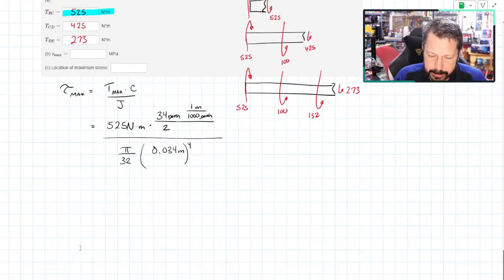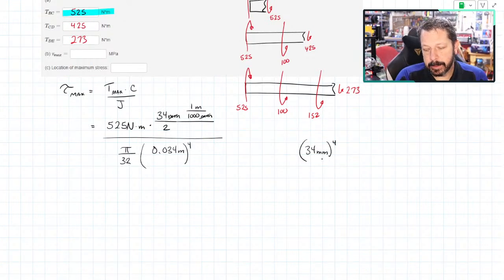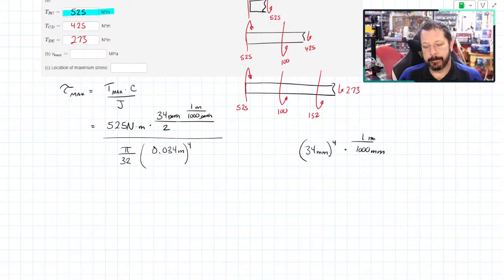So let's say that you put in 34 millimeters and then you raise it to the fourth power. You can't take that number and then say, oh yeah, I need to convert that, 1 meter is 1,000 millimeters. You can't do that.